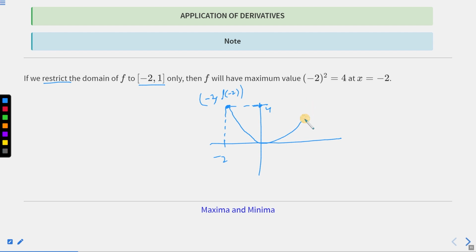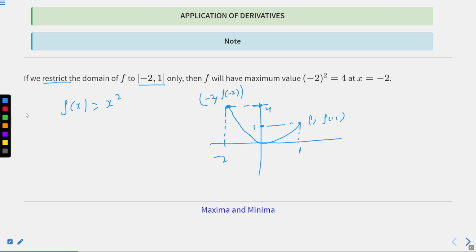The rightmost point will be 1 comma f(1), which is 1, as f(x) is nothing but x². So far so good.